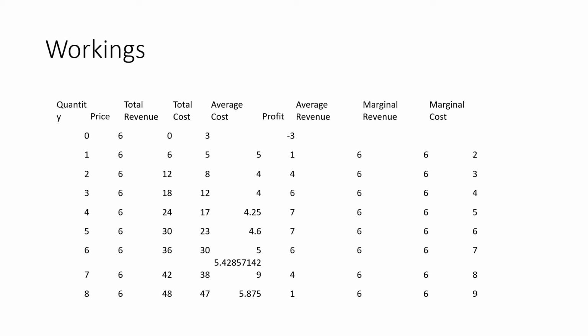It's complete. We have calculated all the required costs and revenues for the business, but in order to determine profit on a graph, we are going to use quantity for our x-axis and price for our y-axis, and then we also need to draw the average cost curve together with the average revenue curve.